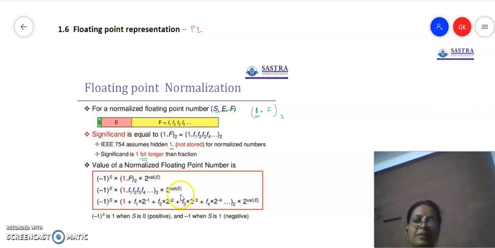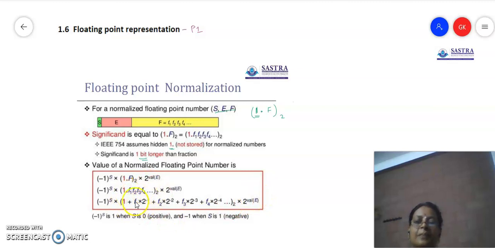Whatever is the exponent will be substituted here. So the same thing is given like this: minus 1 to the power s into, and this 1 is taken as the integer portion plus whatever fraction we have, considered as its equivalent binary value, then multiplied with 2 raised to the power of the value of the exponent.